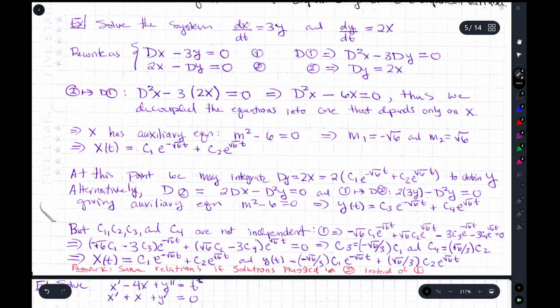And so we could substitute what we found for C3 and C4 back here, and notice now that x was unchanged, right? But y2 now has C1 and C2, okay?